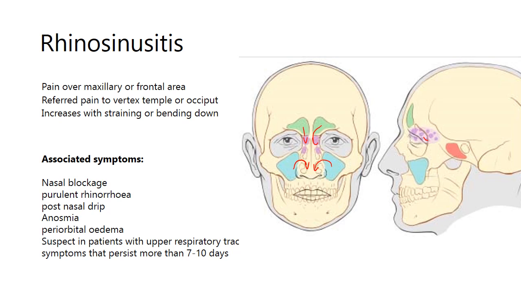It might not be entirely absent. It might just be decreased, or they might say that they can smell sort of unpleasant odors, especially if they have some bacterial infection there as well. They might have some edema around their orbit bones, or periorbital edema, and that might even progress to periorbital cellulitis, which would be a red flag in this case.